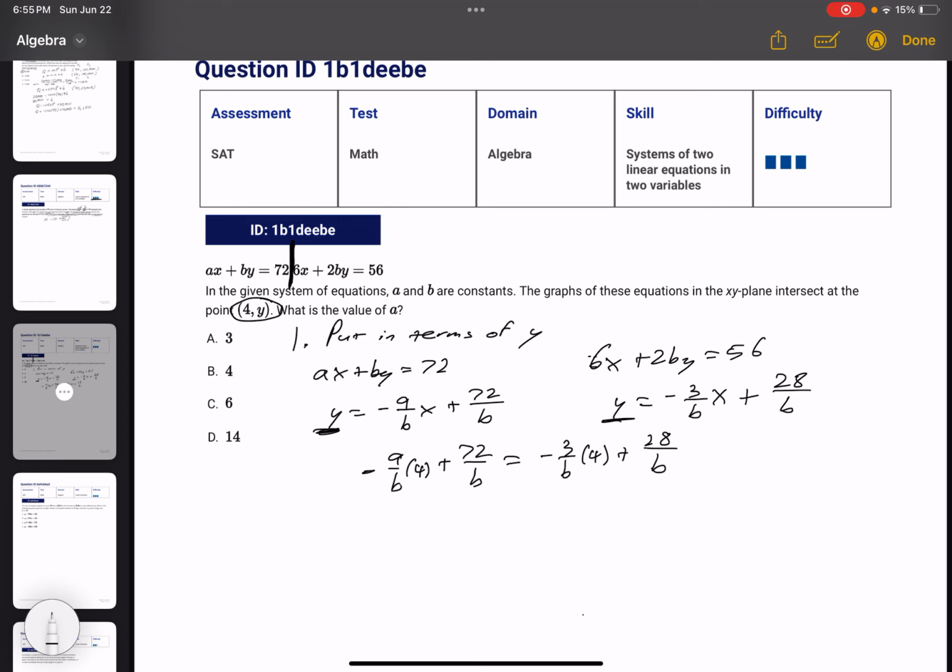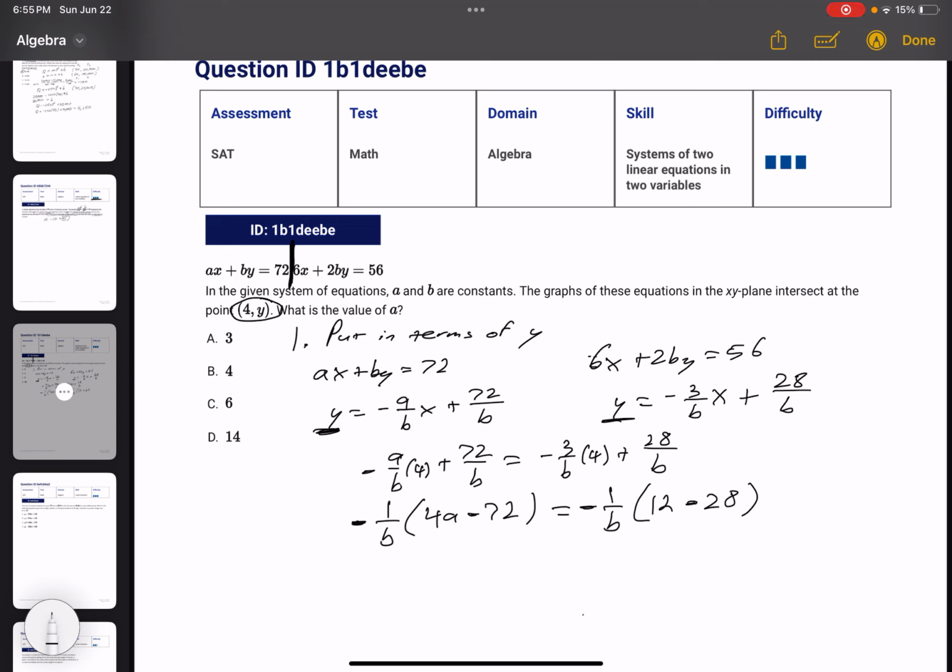But before we simplify anything, I want you guys to see that we can factor out a 1 over b. So we can take out a negative 1 over b, and this is going to be 4a minus 72. And this is going to be a negative 1 over b factored out, and that's going to be 12 minus 28.